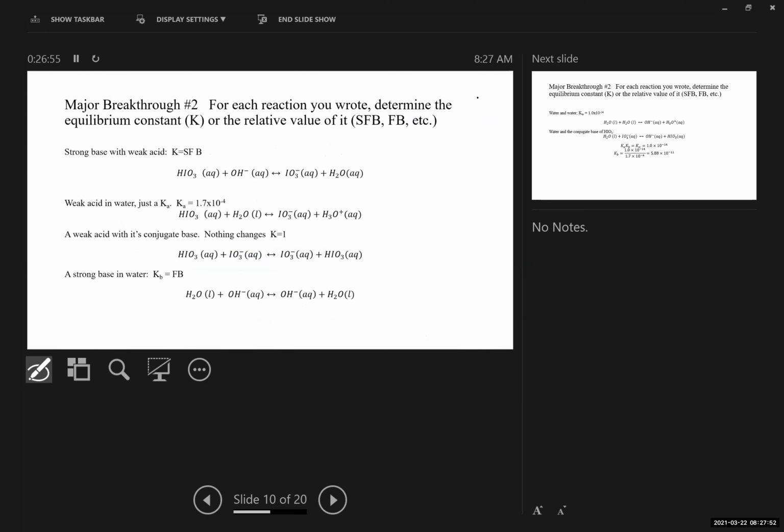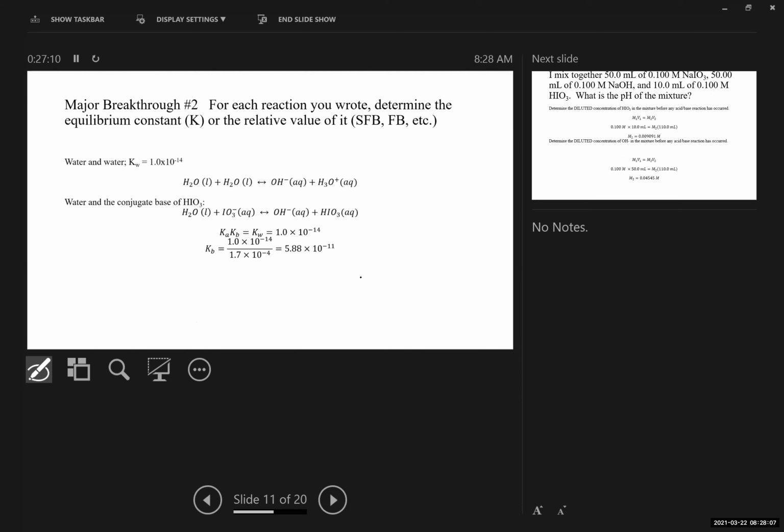These two essentially don't do anything. Even though they technically have fairly large Ks, all things considered, they don't change the concentration of anything, right? And then bringing up the rear, our good old Kw, which is almost always last. And once again, no disappointment here. At 10 to the minus 14, it's last, right?